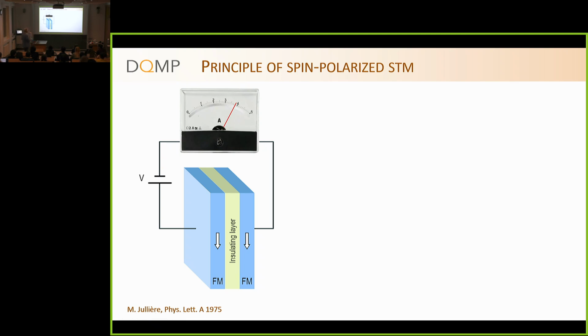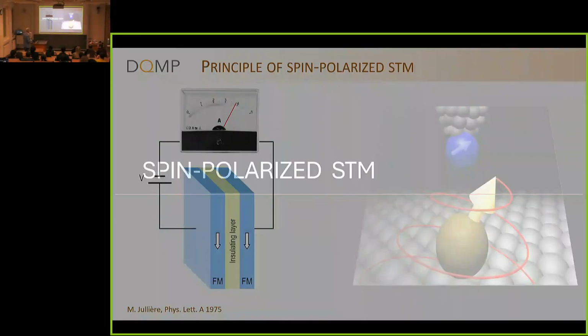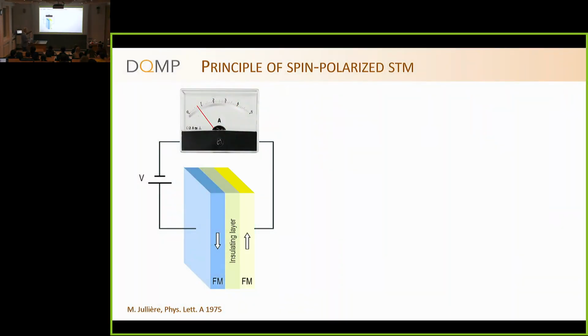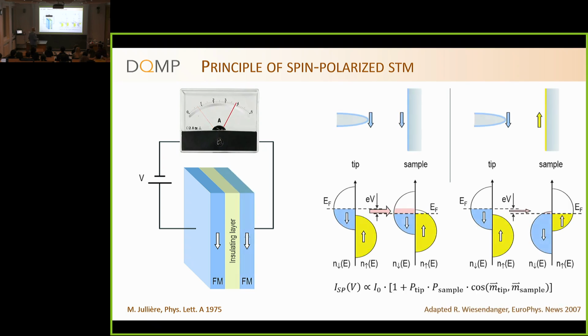If you apply a bias and measure the current, and flip the polarization to be anti-parallel, the tunneling current will go down. In the extreme case, when you only have spin up and spin down, it could go to zero, because in the tunneling process itself there is no spin flip. That's the assumption, which is actually verified in quite a number of cases.